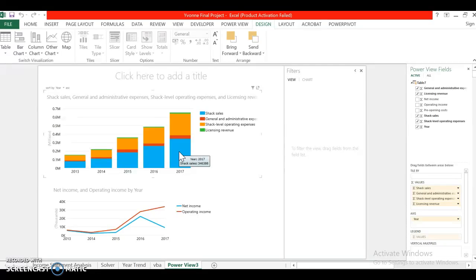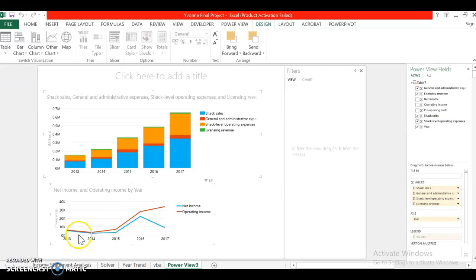So overall, we can see a very good picture of the firm and how it is growing and expanding, and in the future the sales will probably achieve even better results.